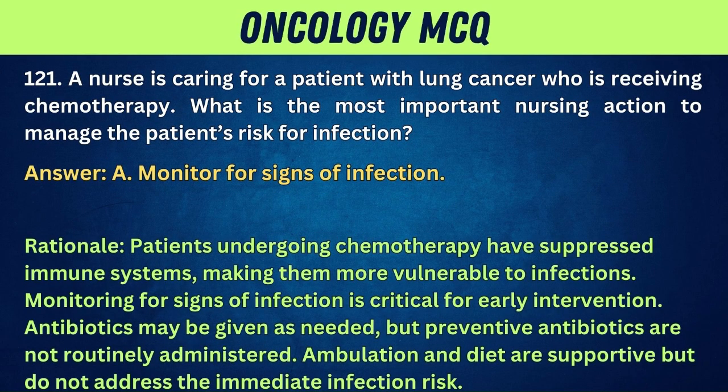Answer: A. Monitor for signs of infection. Rationale: Patients undergoing chemotherapy have suppressed immune systems, making them more vulnerable to infections. Monitoring for signs of infection is critical for early intervention. Antibiotics may be given as needed, but preventive antibiotics are not routinely administered. Ambulation and diet are supportive, but do not address the immediate infection risk.